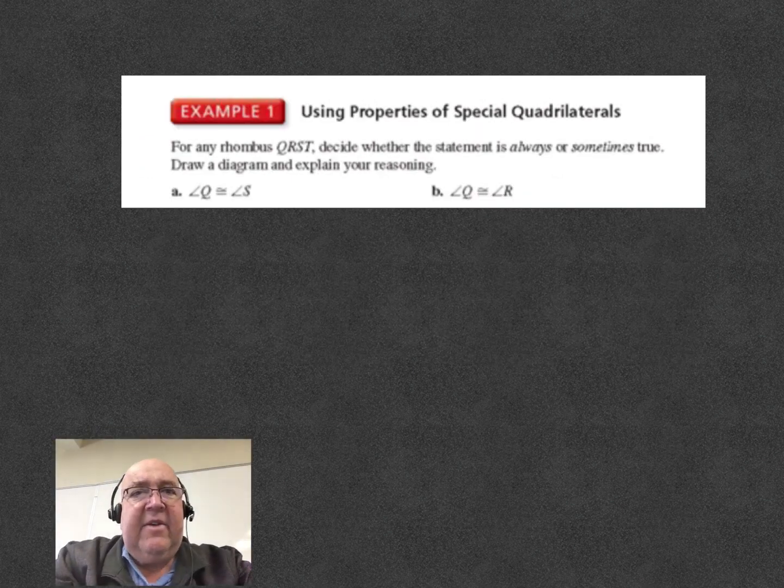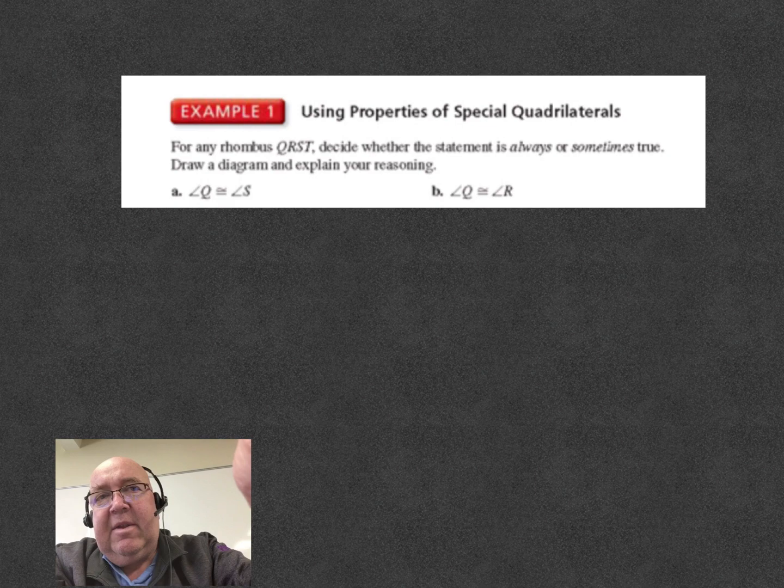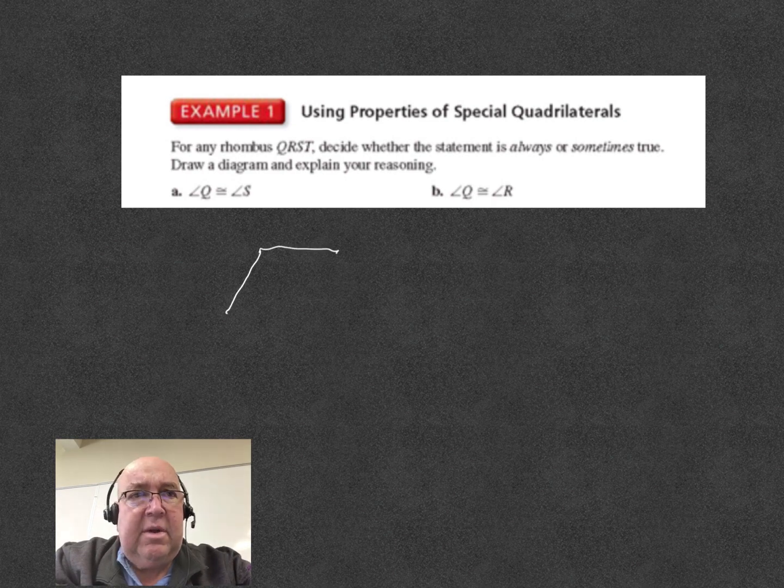So we're going to have to look here and check to see if these statements are always or sometimes true. So we have a rhombus QRST.